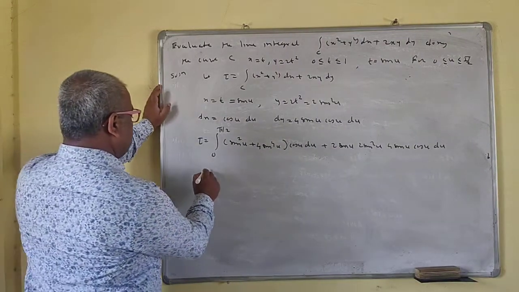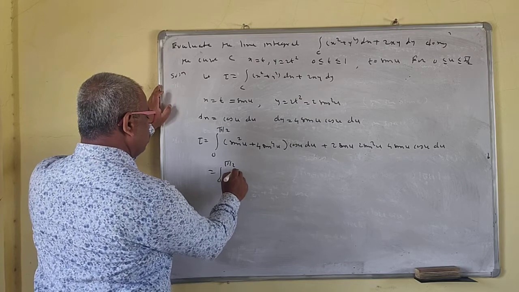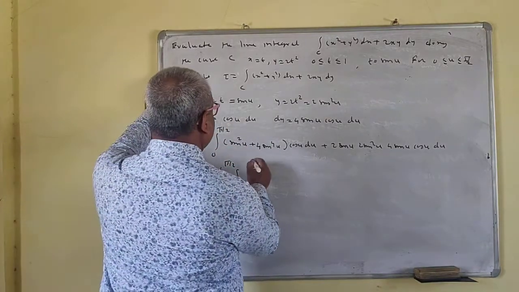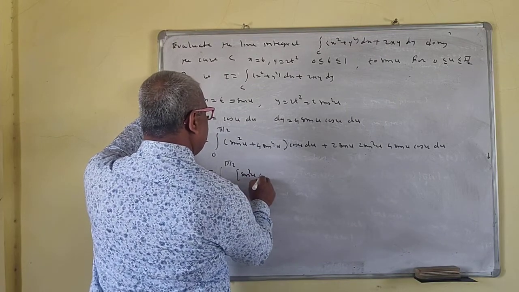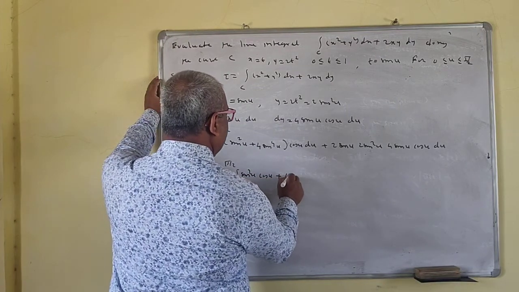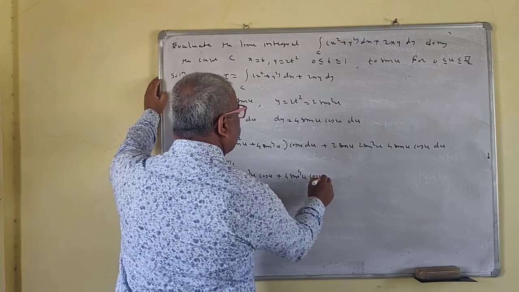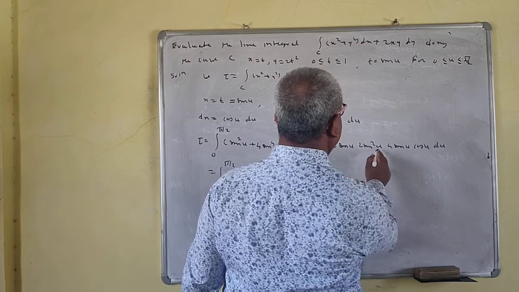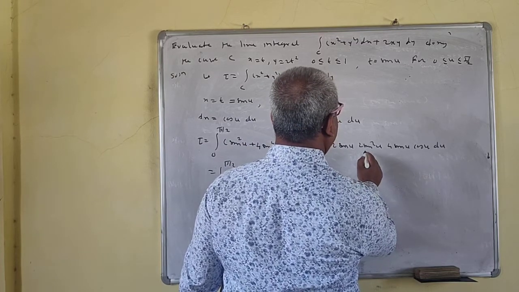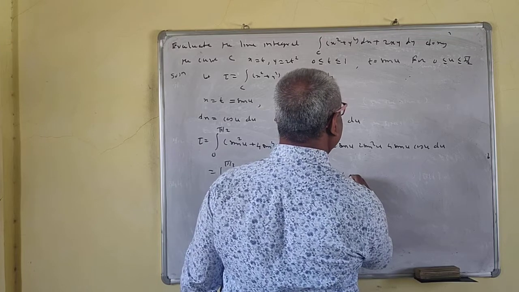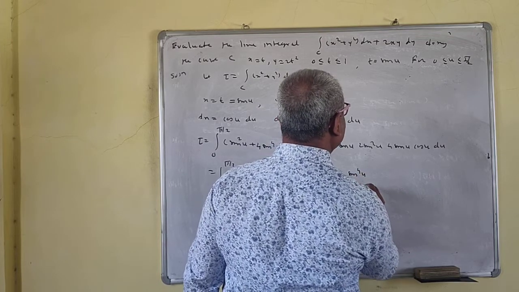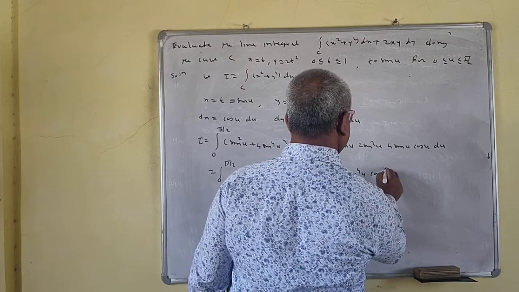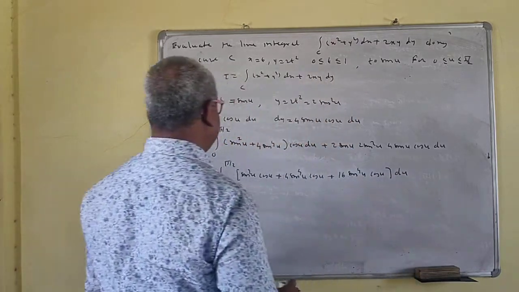So this is equal to the integral from 0 to pi by 2. We'll take du common and simplify this. This is sin square u cos u plus 4 sin to the power 4 u cos u plus 16 sin to the power 4 u cos u du.